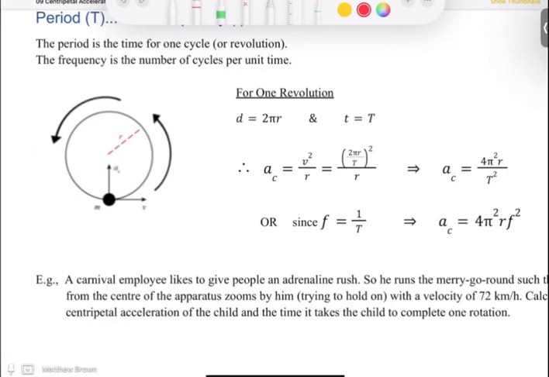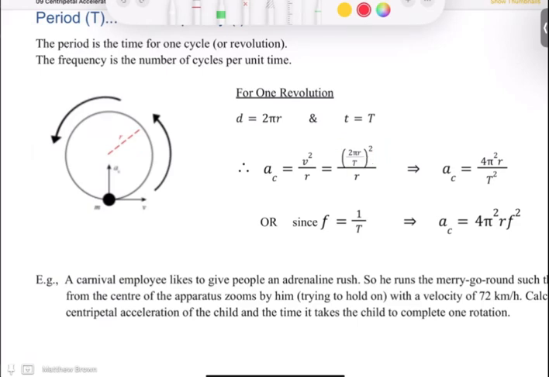And now we have our equation we just got on the last page that says the acceleration, or I'm using a subscript here, C, for centripetal acceleration, is V squared over R. And V is just D over T. So there's the distance, we just said 2 pi r, and the time is capital T, or the period.